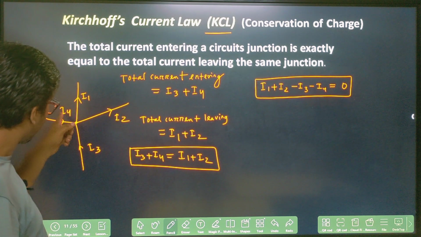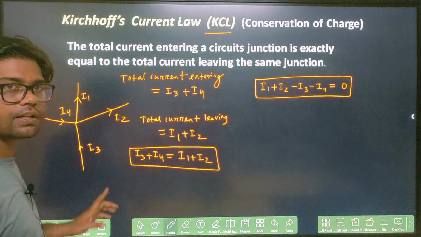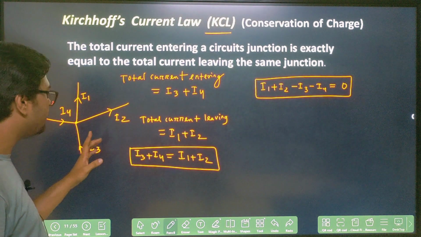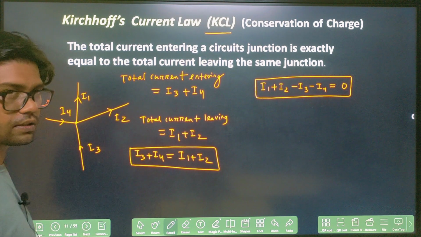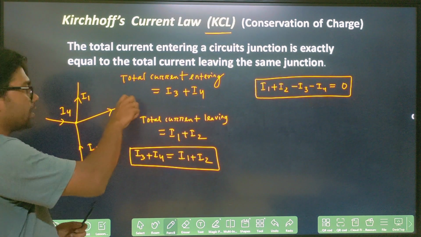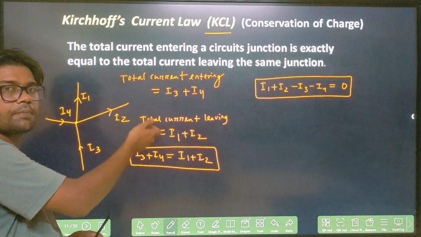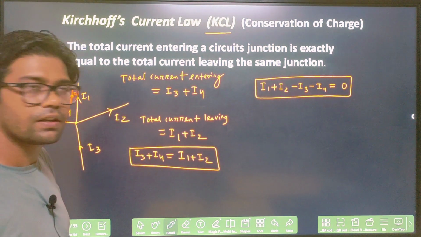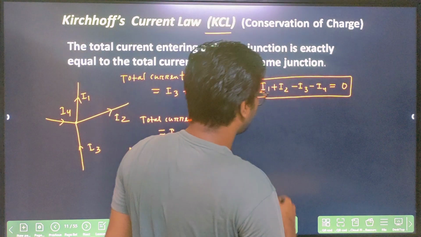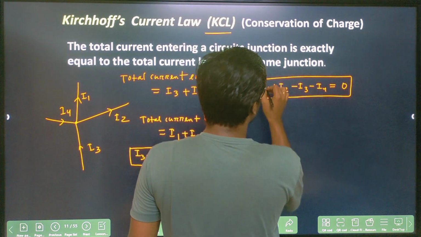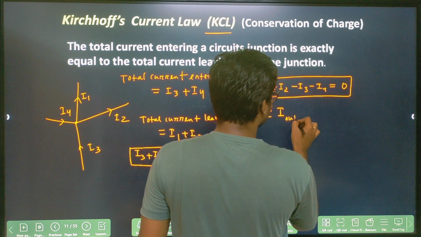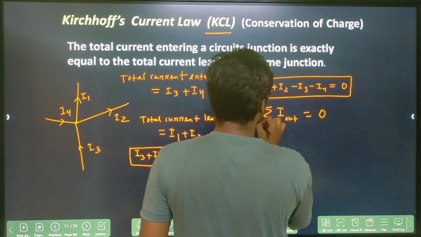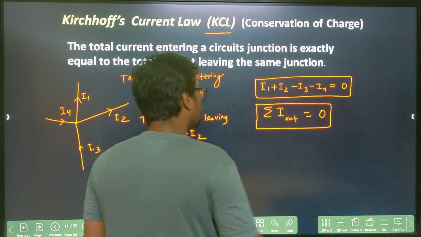So if I write minus I4 and minus I3, that means I4 and I3 are actually leaving this junction, because plus I4 is entering, so I can say minus I4 is leaving. So I can say that the summation of I out is equal to 0. You understood, right, what I am saying?